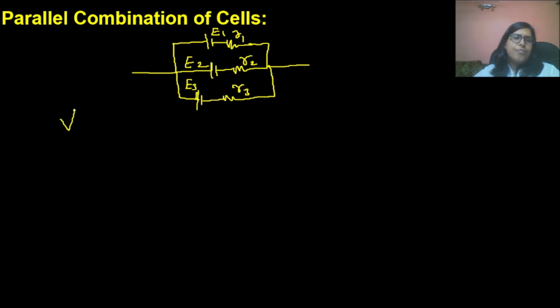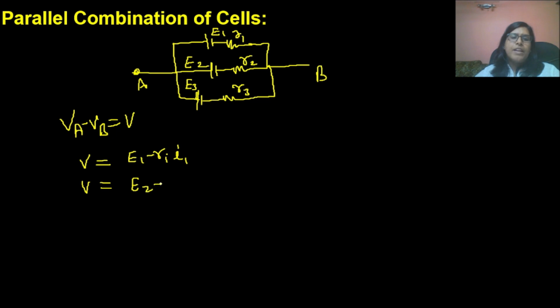Suppose this is A, this is B, so VA minus VB will be V. So V for cell 1 will be E1 minus R1 into I1, and for cell 2 we can write E2 minus I2 into R2. This current is I and it will divide into 3 parts here, I1, I2 and I3. So V equals E3 minus I3 into R3.